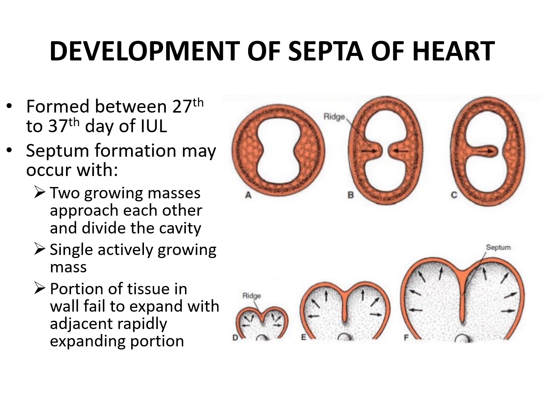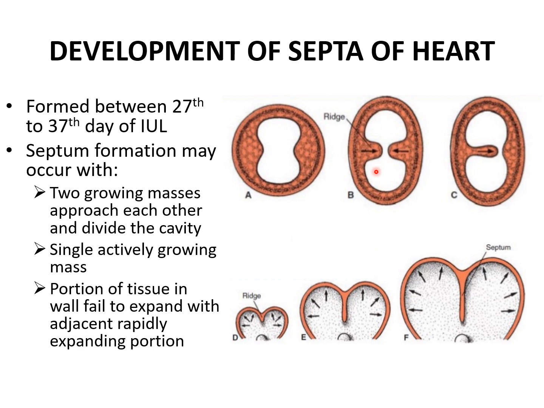So there are various methods by which septations are formed within the developing heart. Either there are two growing masses which grow towards each other and meet and then divide the cavity or the pathway into two. This is one method.